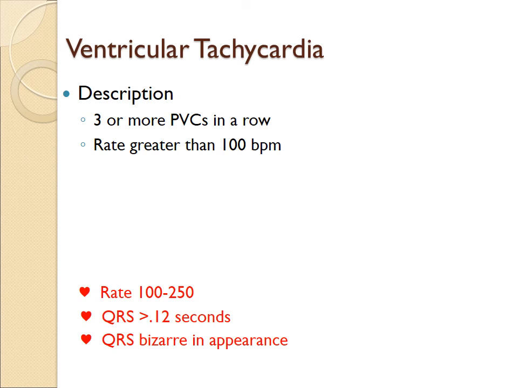The QRSs are very bizarre and wide in appearance, and they are going to be greater than 0.12 seconds. You can see here that it looks almost like a sawtooth effect. If we were to count it out on this particular one, we're looking at a rate of between 150 and 300 on this rhythm.